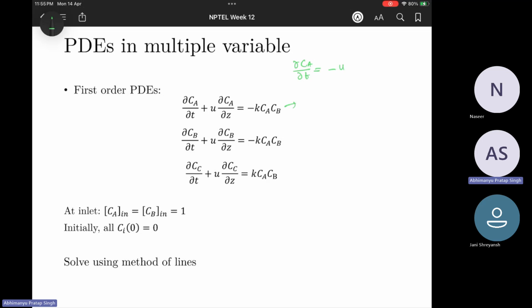Like this, we will write equations for all the other points.